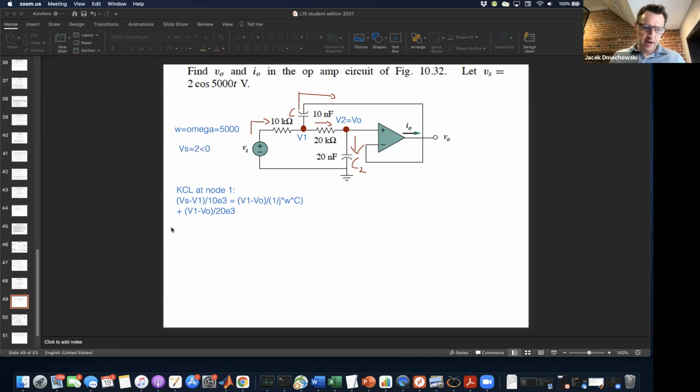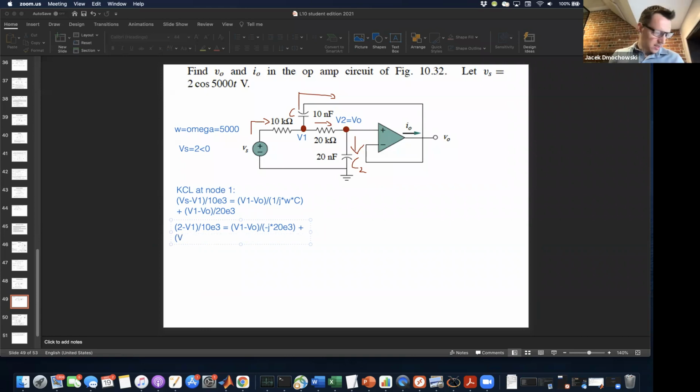So let me actually expand this out. This becomes 2 minus V1 over 10,000 is equal to V1 minus V0 over negative j, and omega times C inverted is going to become 20,000. Trust me.